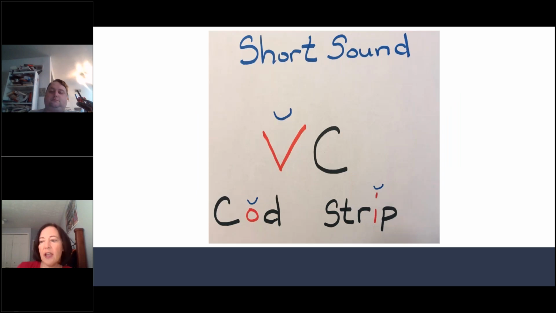Remember, the short sound will be used when you've got a vowel followed by a consonant, all within either a very short word or a single syllable or one part of a word. Examples would be like the word cod. We've got a vowel followed by a consonant, so our O is short. Same thing in the word strip, a vowel followed by a consonant, so our vowel sound is short.